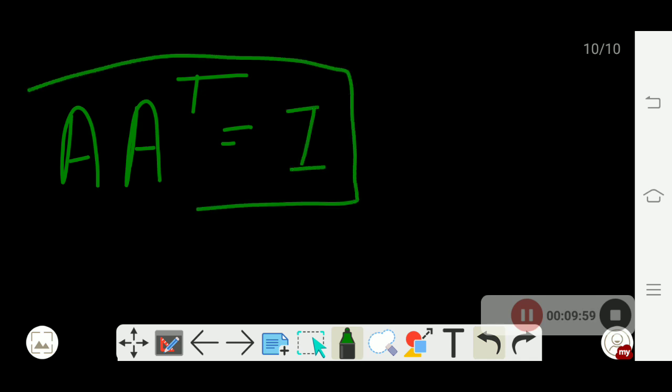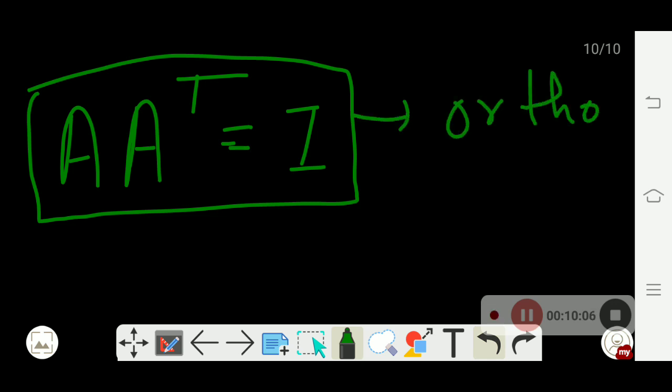Suppose you have a matrix A which is multiplied with its transpose and gives I. What is the name of this matrix? Yes, orthogonal matrix.